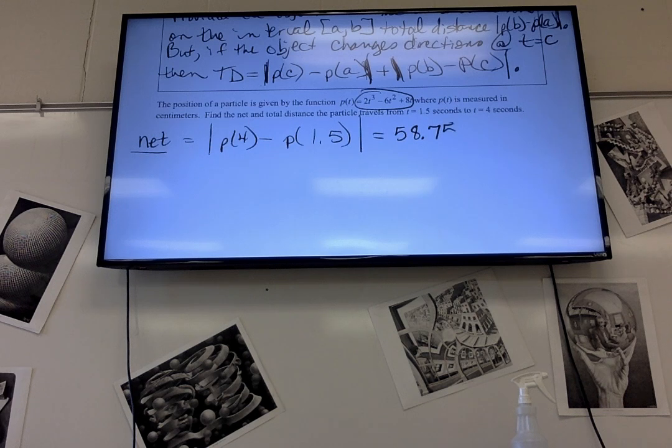Centimeters. I think you did them wrong. When you said your numbers, they were nothing like my numbers. Oh, I didn't have the 6x squared. Oh, that'll make a difference. I had the x squared, not the 6x squared. Oh, okay.